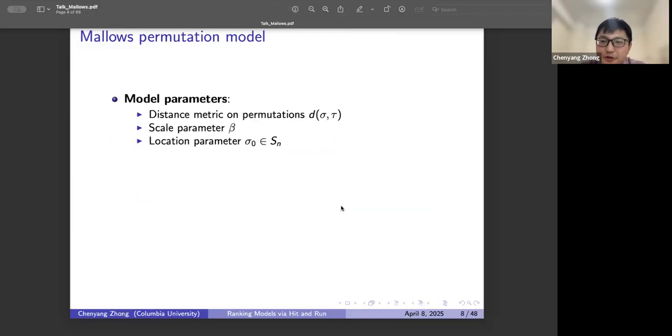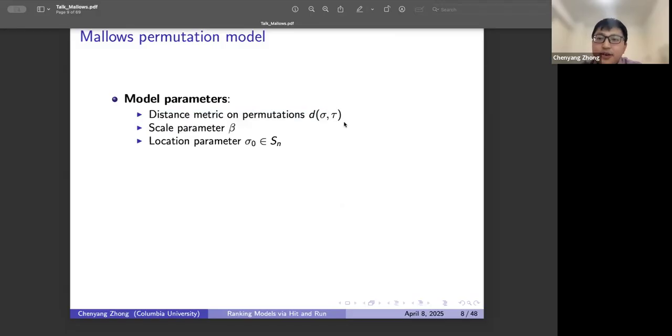Okay, so now let me introduce the specific form of Mallows permutation model. The model actually involves quite a few model parameters. The most important one is this: to specify a particular Mallows permutation model, we need to specify a certain distance metric on the set of permutations. I'm going to call this distance metric d(sigma, tau), where sigma and tau are both permutations of 1 up to n.